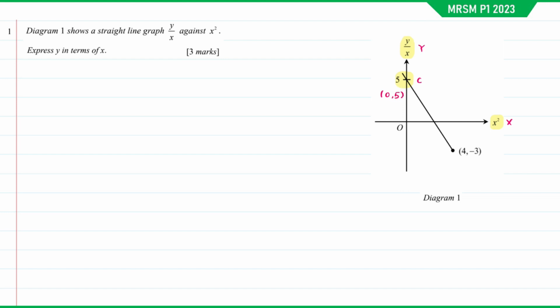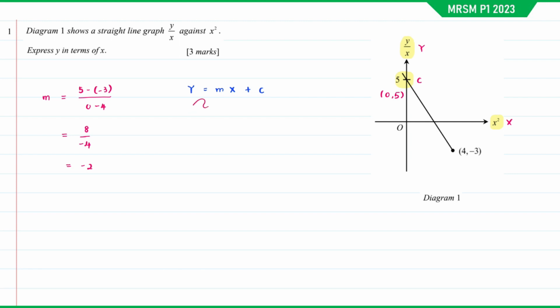So first, using the two coordinates, we can find the gradient. So m is equal to 5 minus negative 3 over 0 minus 4. This is equal to 8 divided by negative 4, which is equal to negative 2. To form the equation, we're going to use y equal to mx plus c.